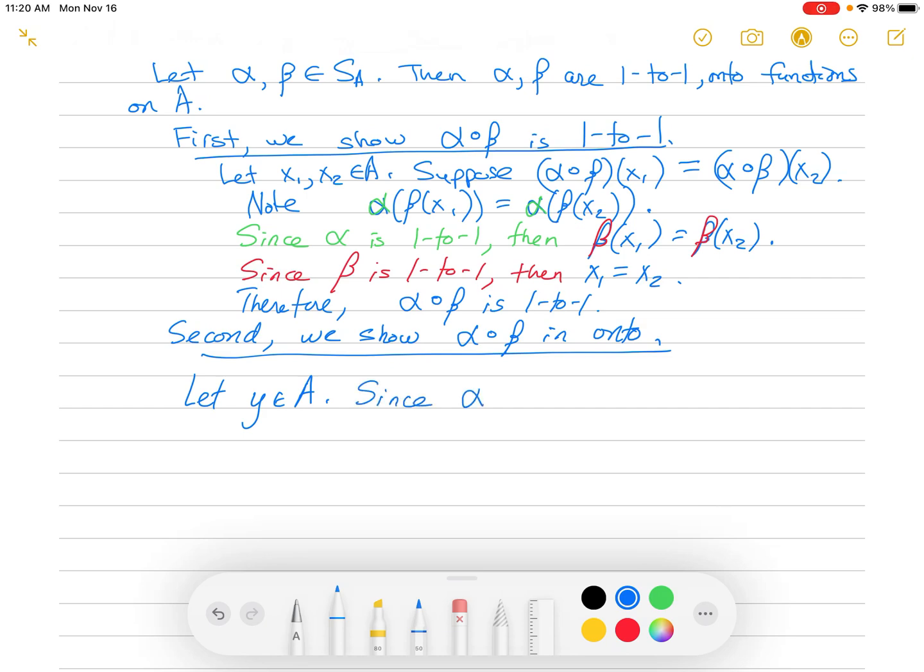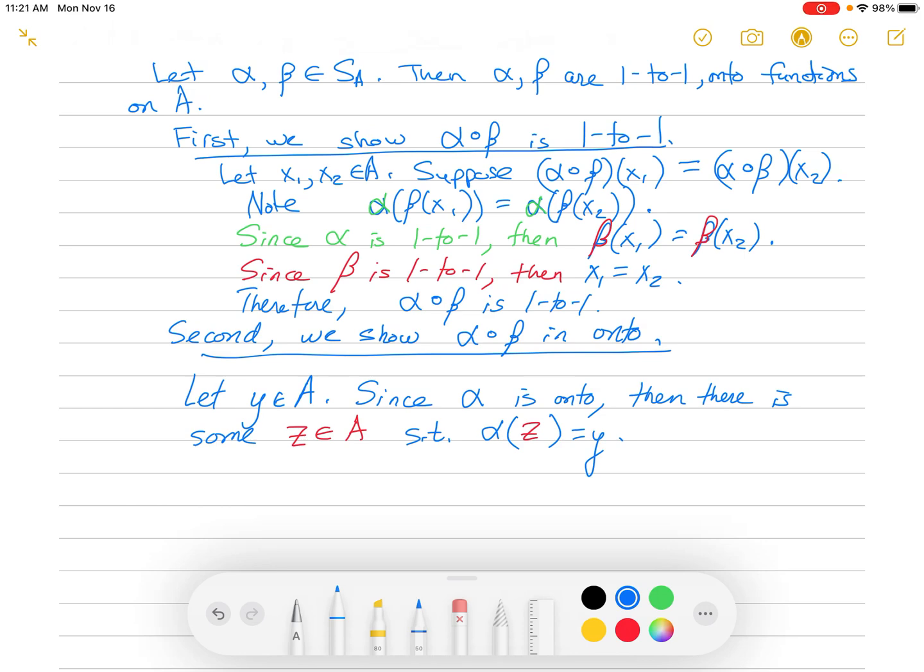Since alpha is onto, then there exists some z in A such that alpha of z equals y.